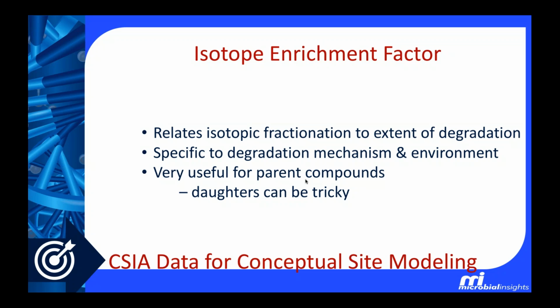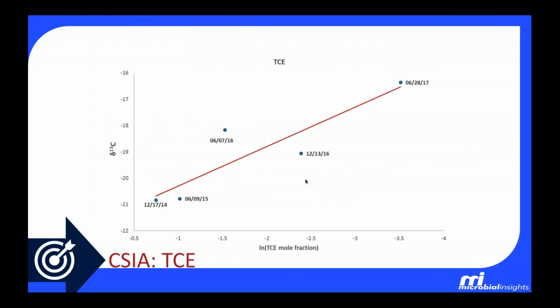Daughter products are being formed and degrading at the same time. So because both of those things are happening, their isotopic values and concentrations can fluctuate drastically, so it's less predictable. But we can certainly use this enrichment factor to help us with our parent compounds and make some good assessments at the site. So let me show you this put into practice here at this location.